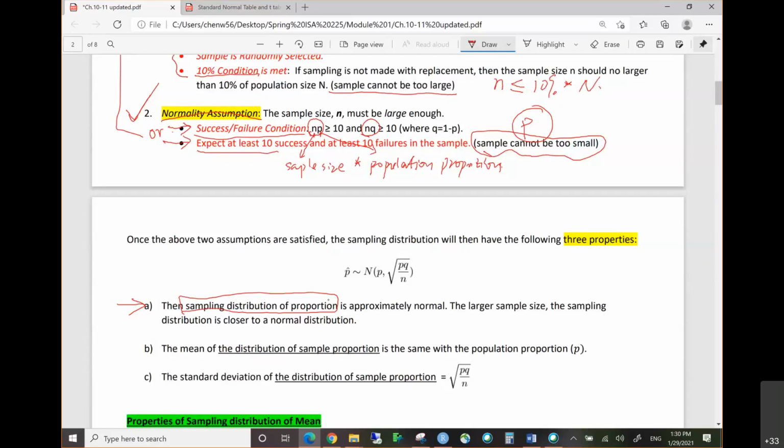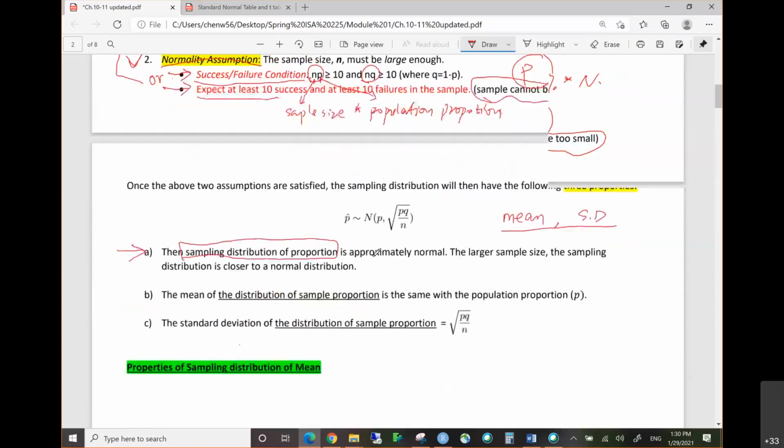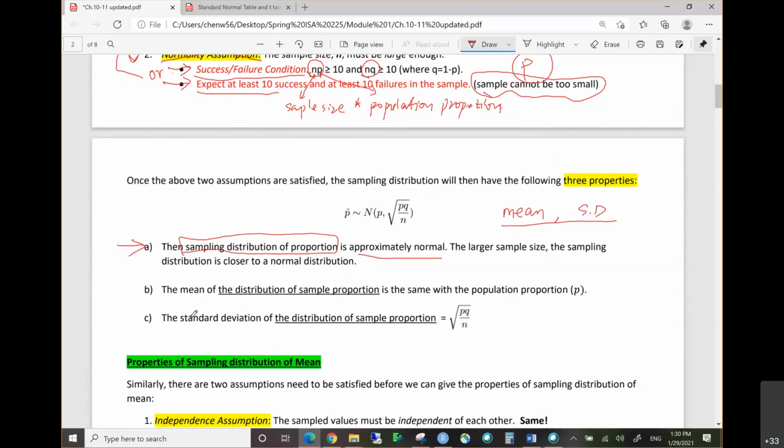Okay, so once we have a normal distribution, remember, anytime we have a normal distribution, we always need to describe this distribution by its mean and standard deviation. These are the two parameters of a normal distribution. So the next step is: what is the mean of this normal distribution, the mean of the distribution of sample proportion?